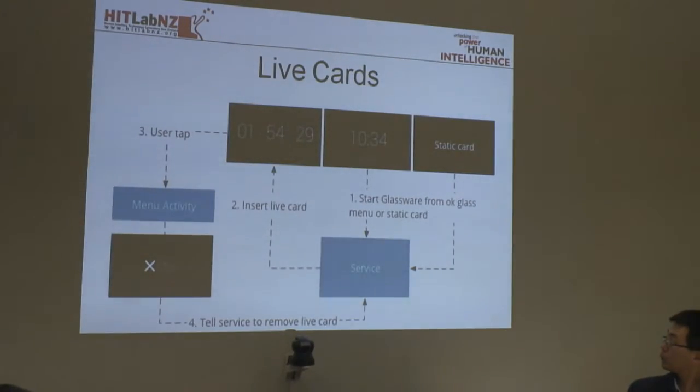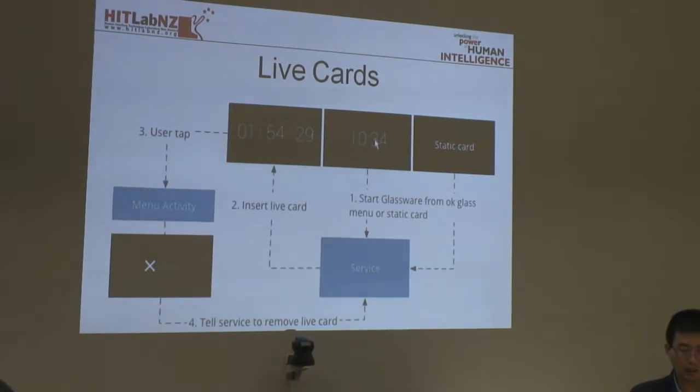So how the live card works is, if you know a little bit about Android development, but it's not necessary to understand it fully, so we'll just give you a high-level concept. Say this is your timeline, and again, static cards sit on your right side, live cards sit on your left side.